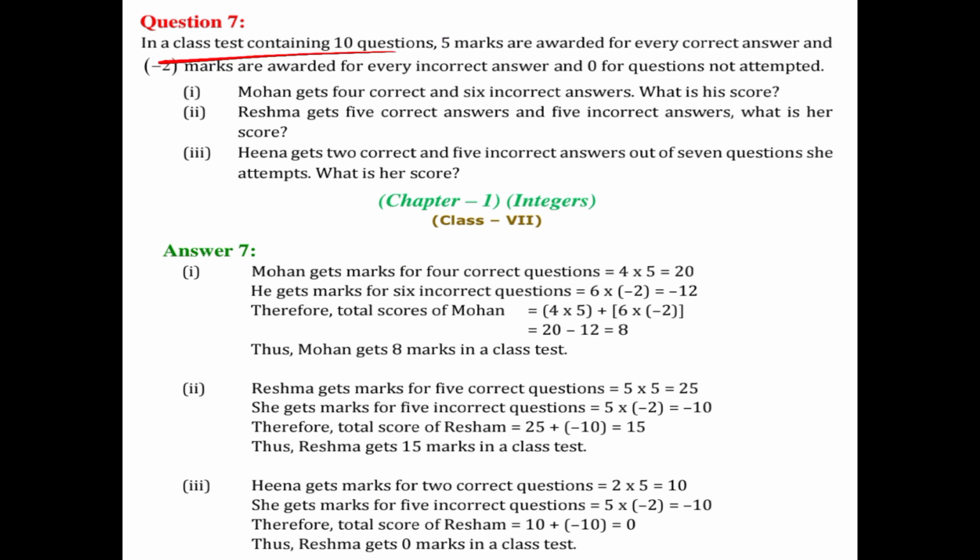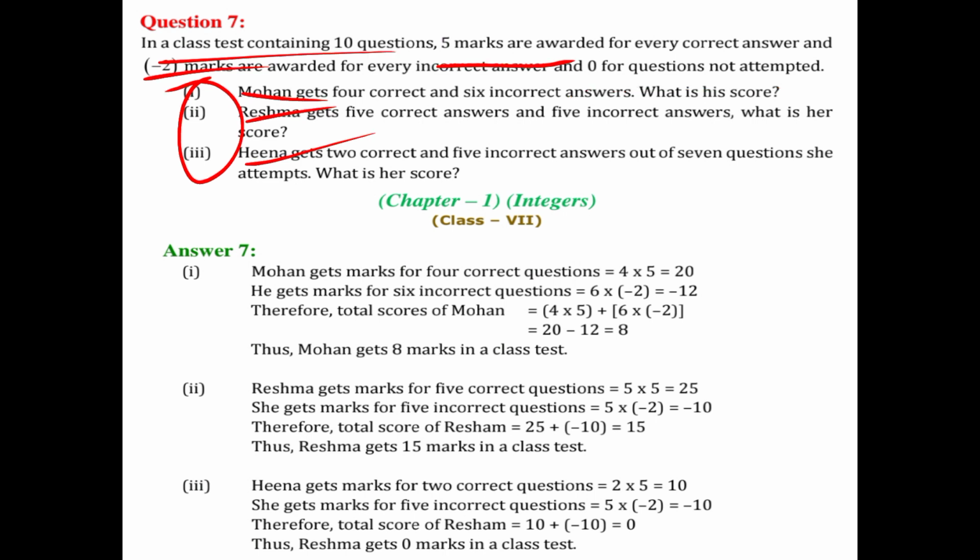So you have to remember that there's a class test, and in this class test 3 students took part: Mohan, Reshma, and Hina. The test rules were, for every correct answer 5 marks are given, for every incorrect answer negative 2 marks are awarded, and for unattempted questions 0 marks are given.